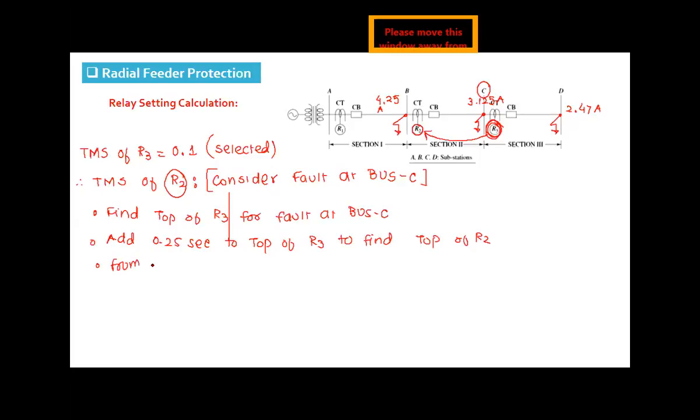From TOP of R2, find TMS of R2. And these steps are repeated. Now when we go for R1, we will do it with R2. It will be clear once we calculate it, okay? Don't worry.